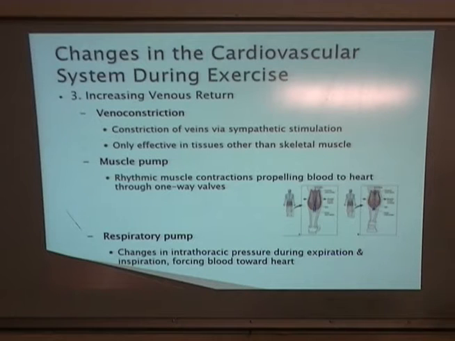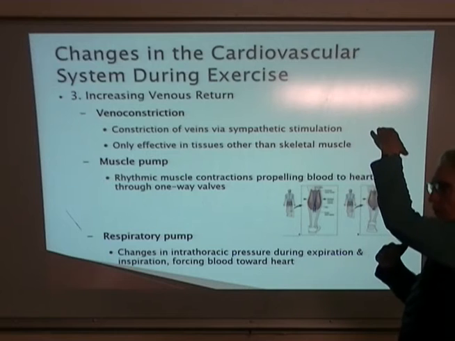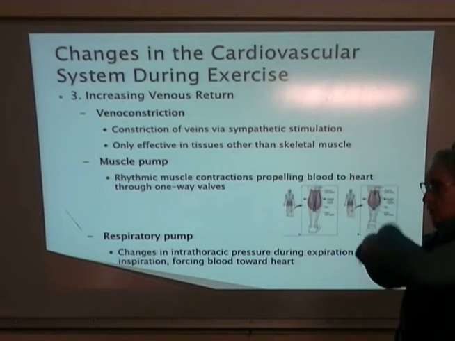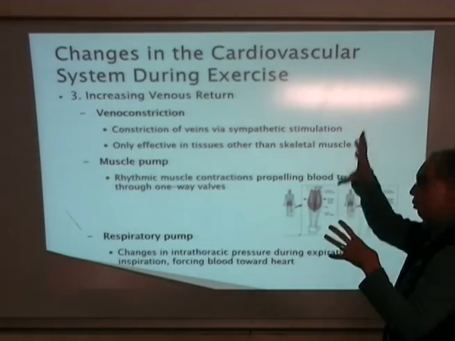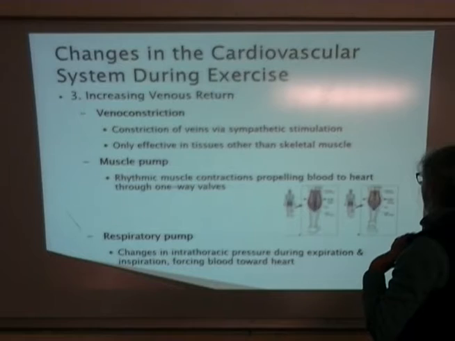Within the vein that the muscle is around, there's a valve. When the muscle contracts with exercise, it propels blood up through the valve, and the valve is a one-way valve. Once the muscle has squeezed and the blood has been pushed through the valve on up towards the heart, it can't come back. So some of that reservoir starts to get pumped through this muscle pump towards the heart.